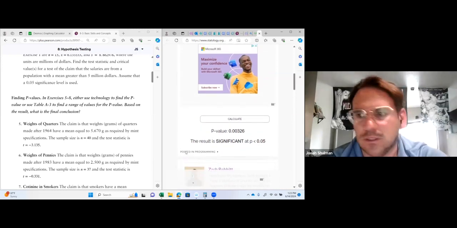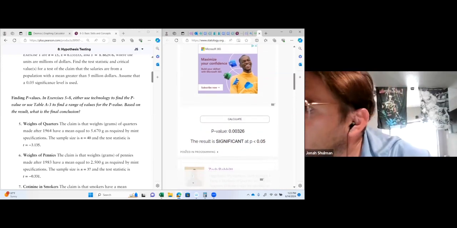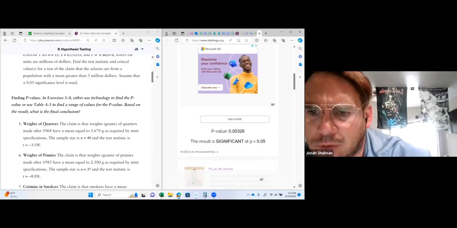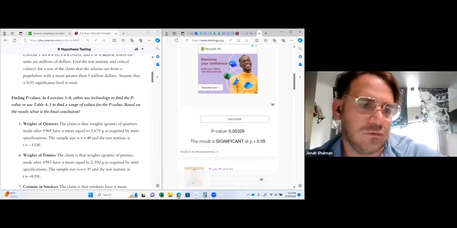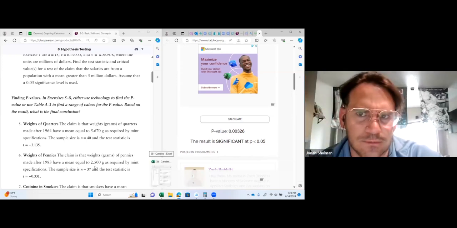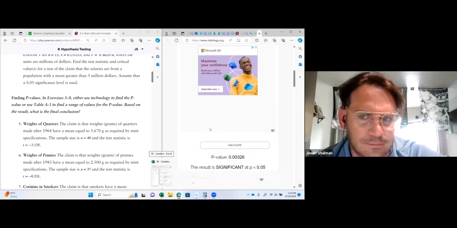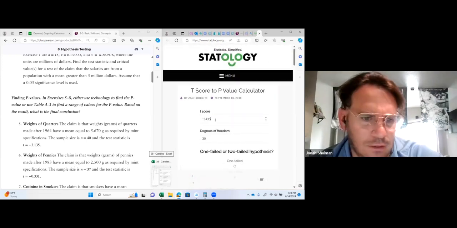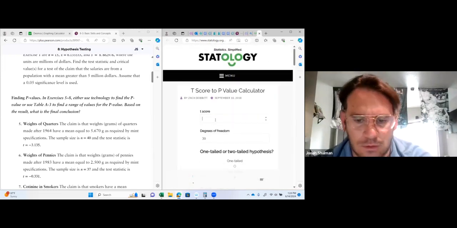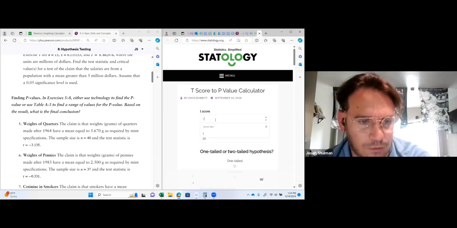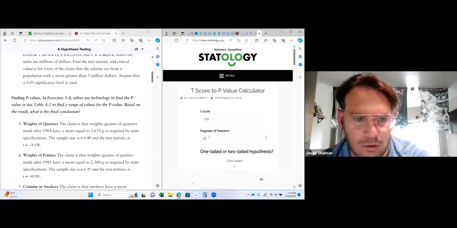So 5 is significant. Is that what it says here? 0.0033, 0.0033. Nice. So let's do the weights of pennies. Our t-score is negative 0.331. Our n is 37, so this means 36 degrees of freedom.